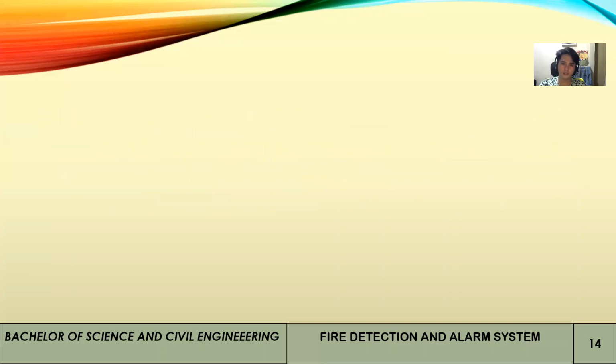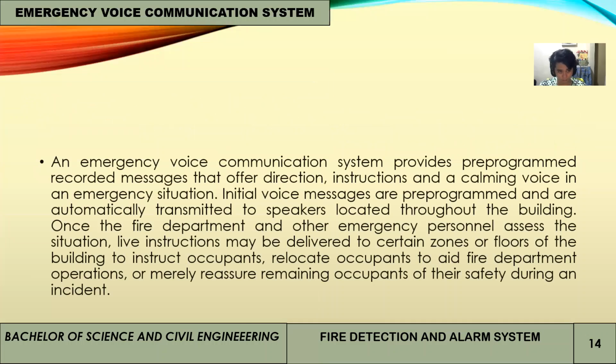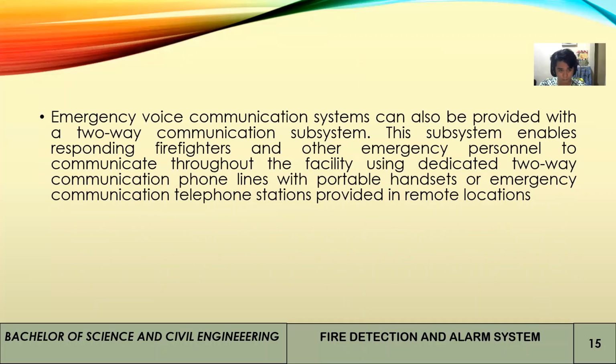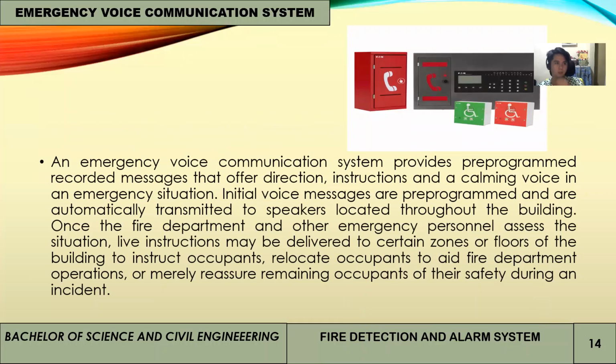Then the next is the emergency voice communication system. An emergency voice communication system provides pre-programmed messages during an emergency situation. Initial voice messages are pre-programmed and are automatically transmitted to speakers located throughout the building.